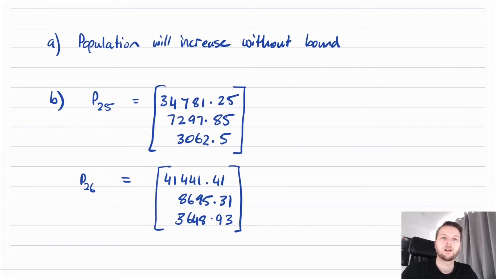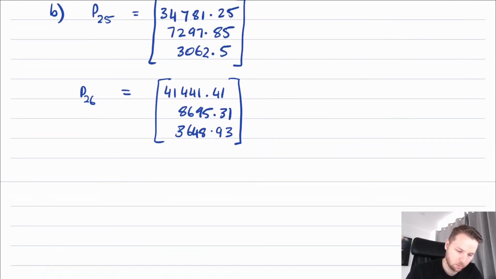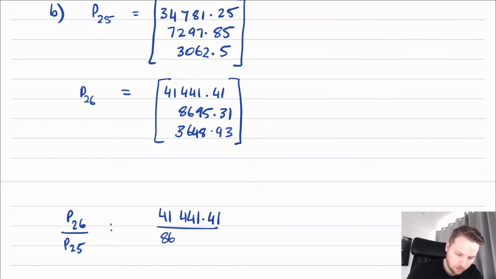Okay, so let's find a rate of increase for each age group in the 26th time period. The way we're going to do that is P26 divided by P25. I'm going to do that for each of the age groups. So for the first age group, you'll have 41441.41 over 34781.25.